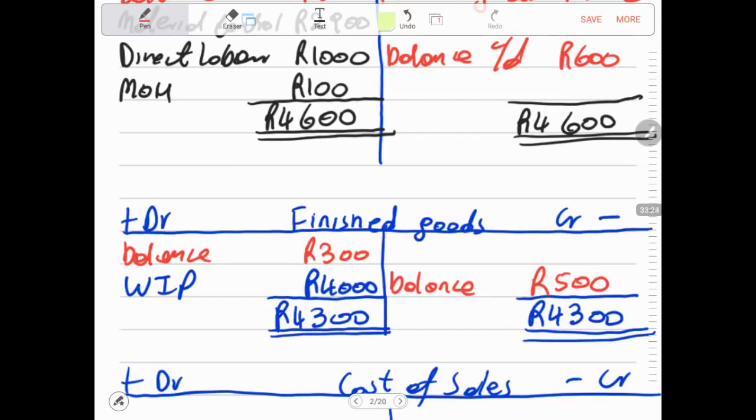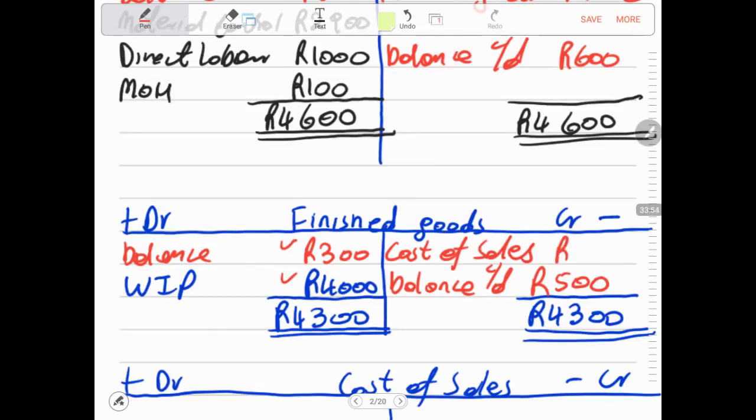And you ask yourself, okay, if the closing balance is 500 and there was an opening balance and there was inventory that was finished during the year, and what was available to be sold was 4,300, but what is left at the end of the year is less than what was available, what happened to the rest? Obviously the rest must have been sold. So now the difference will be cost of sales.